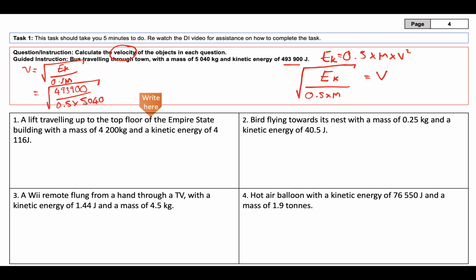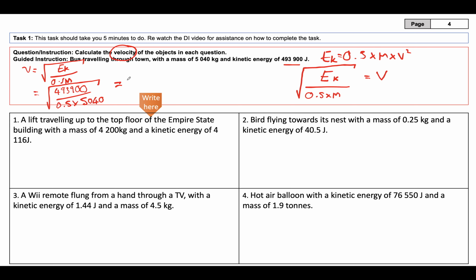So be very careful about typing this into your calculator. So square root 493,900 over 0.5 times 5040. Press equals, and that gives me 13.99.